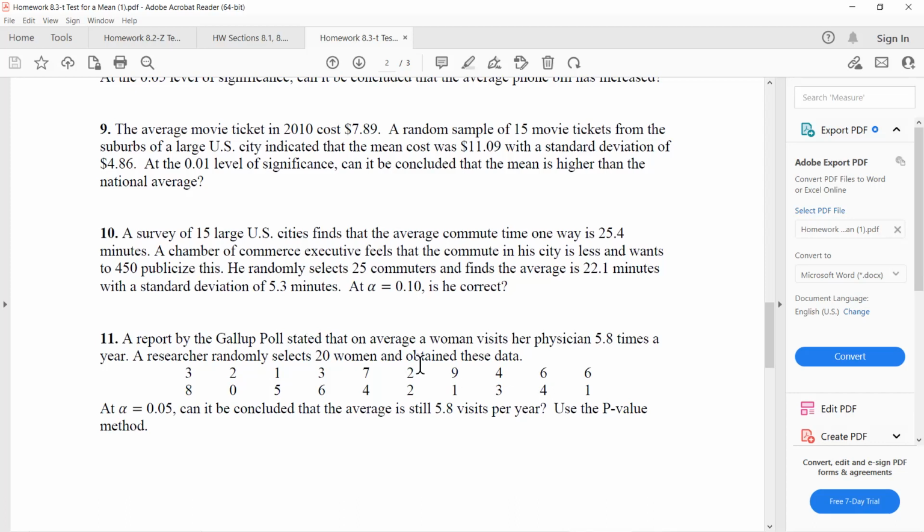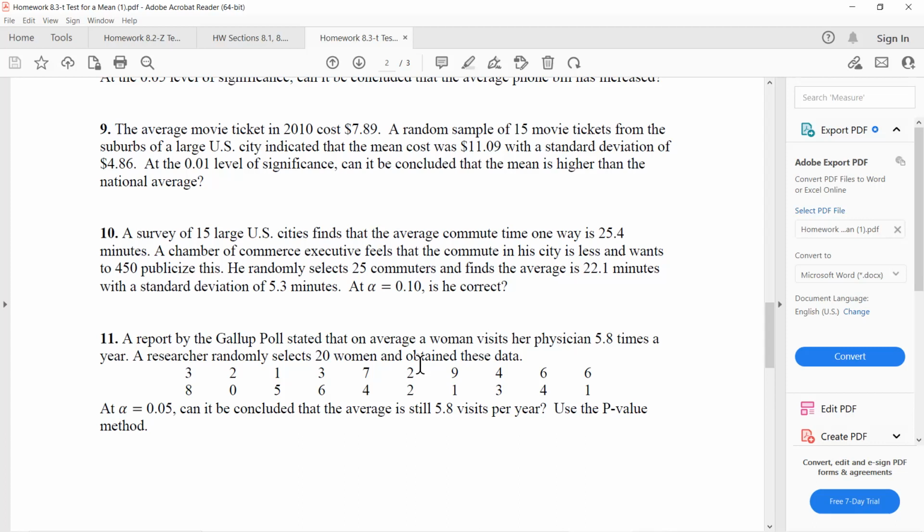A report by the Gallup poll stated that on average, a woman visits her physician 5.8 times a year. The researcher randomly selects 20 women and obtains the data 3, 8, 2, 0, 1, 5, 3, 6, 7, 4, 2, 2, 9, 1, 4, 3, 6, 4, and 6, 1.